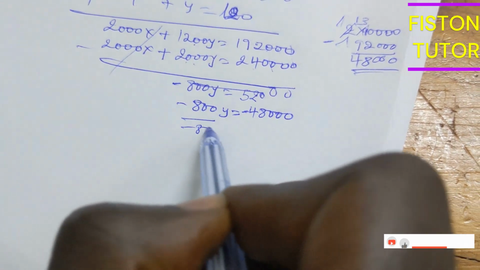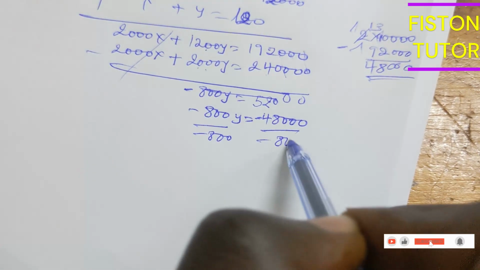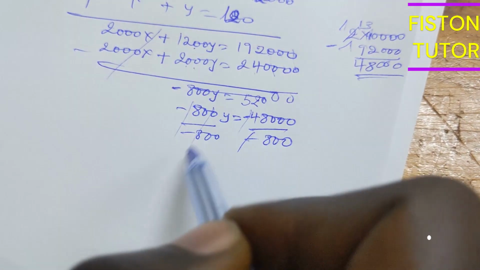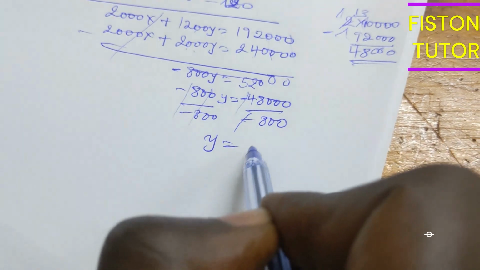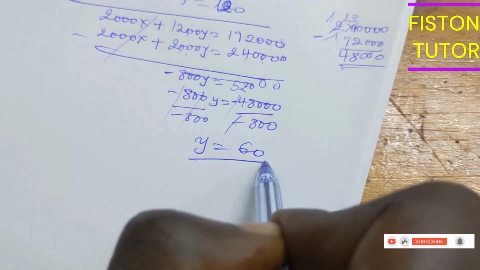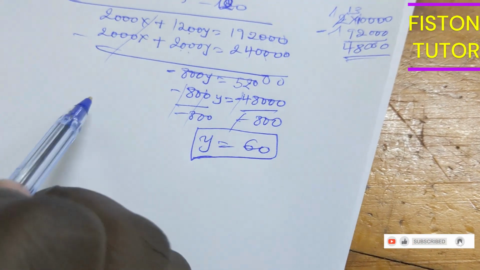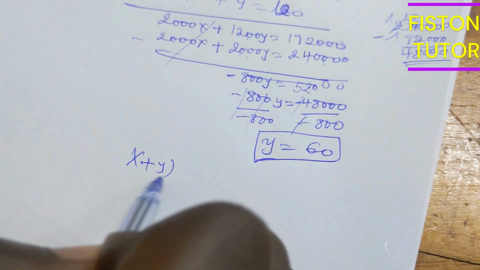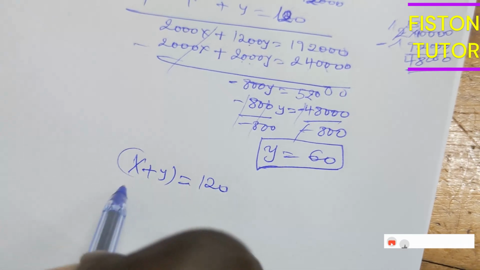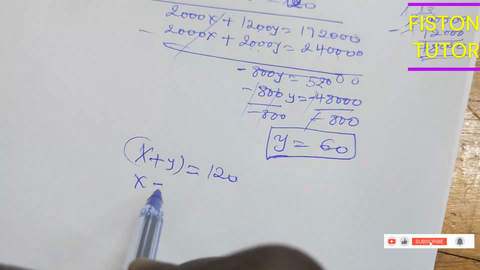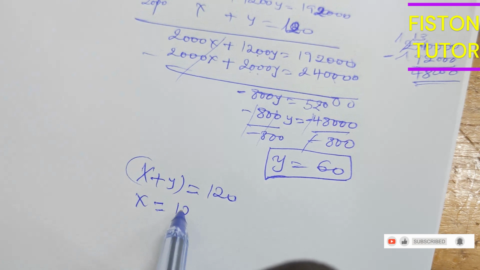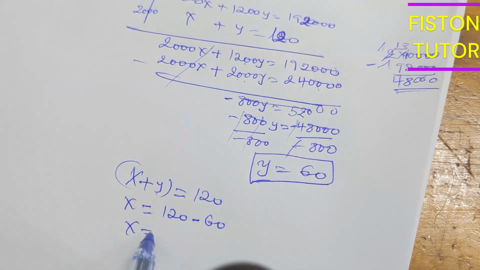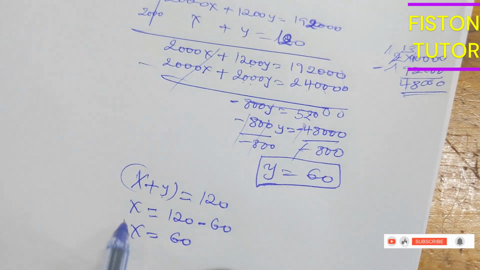Now minus 800 and minus 800 will be cancelled. y will be equal to 60. Remember that x plus y is equal to 120, and x will be equal to 120 minus the value of y, which is 60, so x will be equal to 60.